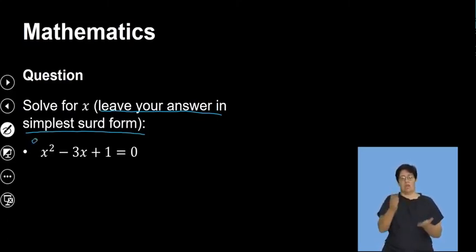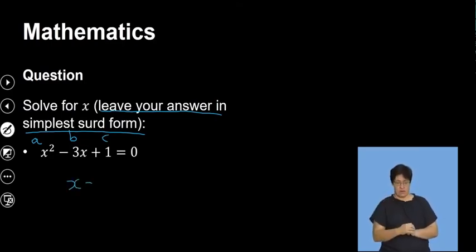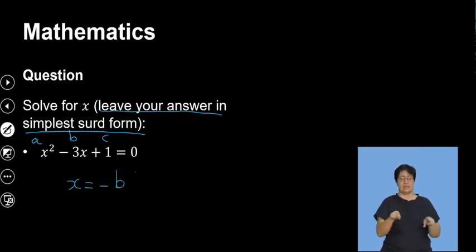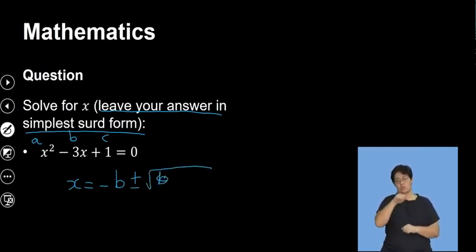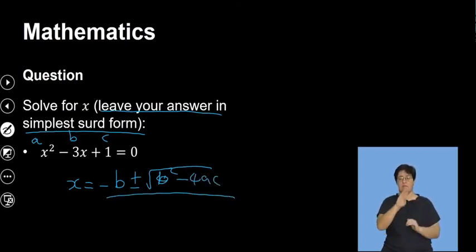So firstly, my a value there is 1, my b value there is minus 3, my c value there is 1. So it will be x equals to minus b plus or minus square root of b squared minus 4ac, all of this divided by 2a. And then you can simplify this.